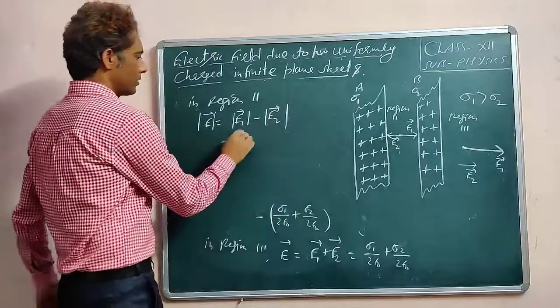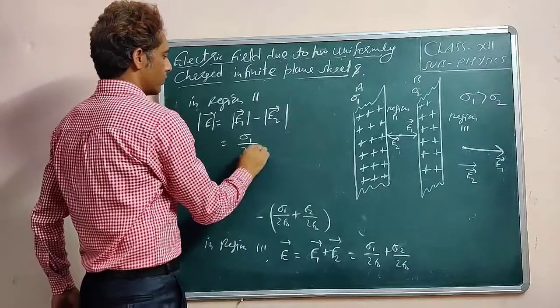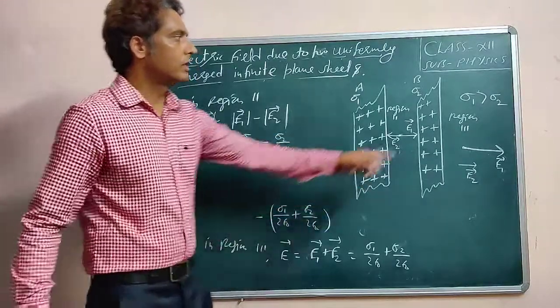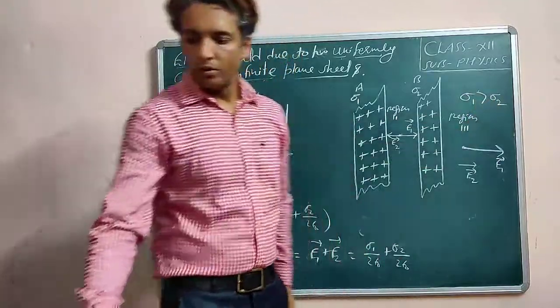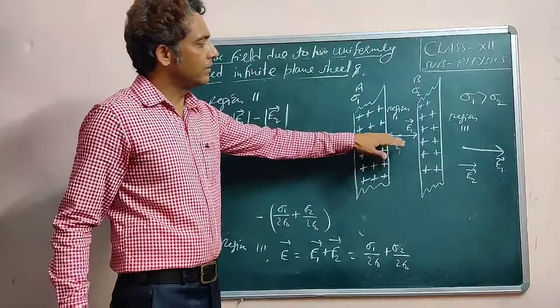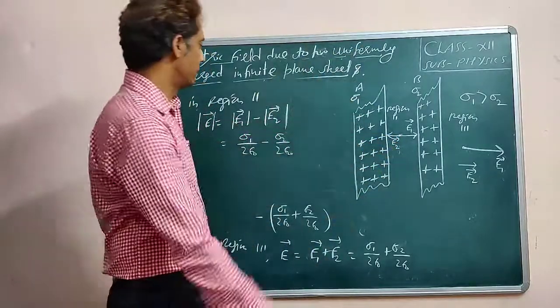So this is equal to sigma 1 over 2 epsilon naught minus sigma 2 over 2 epsilon naught. Because sigma 1 is greater than sigma 2, in this case the net electric field intensity will be toward right.